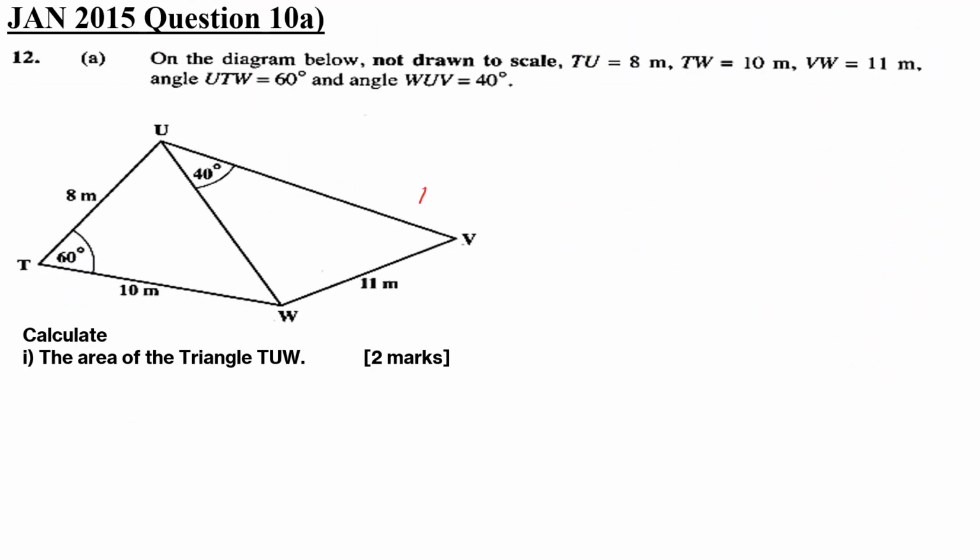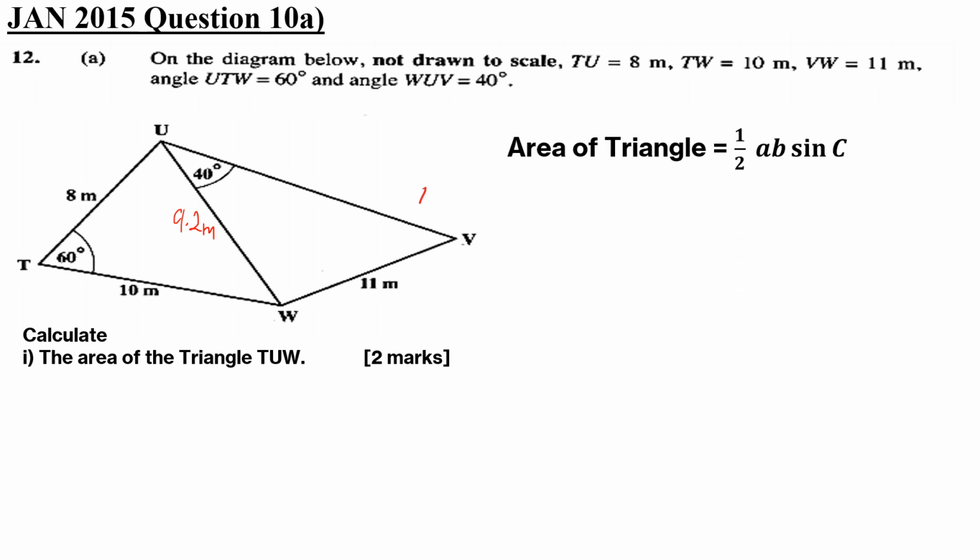Here we have part 3 of the question, and we're asked to calculate the area of the triangle TUW. So that's here, TUW. Now, we had found the side here, 9.2 meters. Remember that? So there's an angle here, and there's a rule.